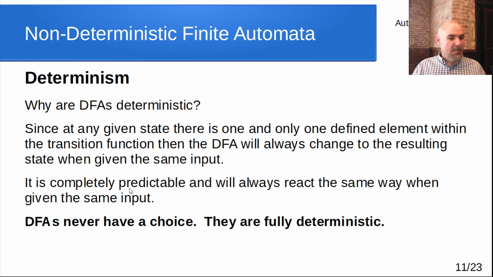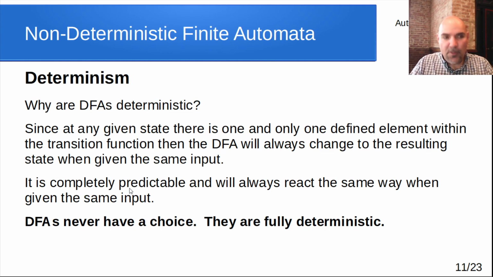Okay, so back to the D in DFA: determinism. What makes DFAs deterministic? The answer is pretty clear if you look at the way that they function. You're always in a single state, and you have a single input symbol that comes in. That input symbol has to be defined in the transition function, and since it's a function, there's only one entry in there.